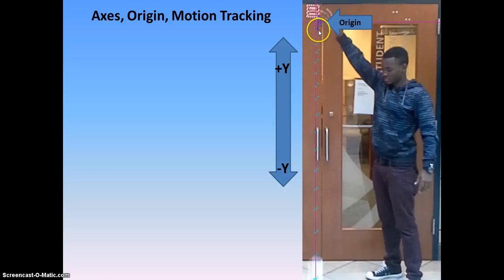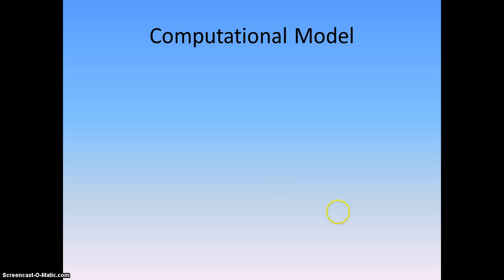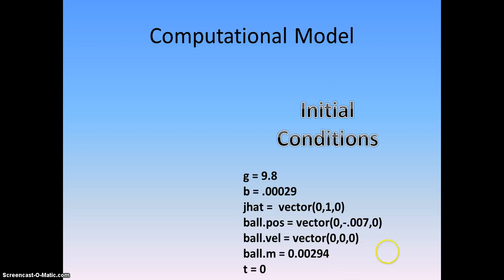That's important because of the way we've oriented our axes, our object will have a negative velocity. If we flipped the axes, then the negative y would be in this direction and positive y would be in this direction, and the graphs I'm about to show you would actually be flipped, if you will.